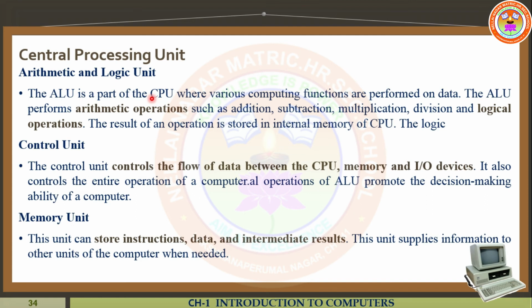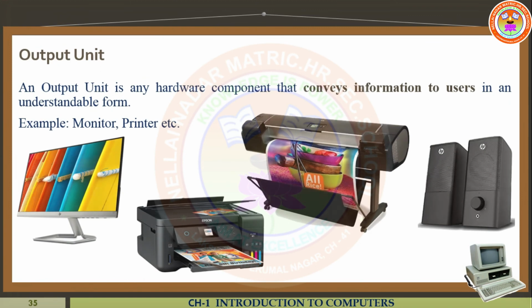Whenever the system needs, it should supply the information from one part to another part. That is the main purpose of this memory unit. So all these three components are very important for the central processing unit. The central processing unit holds three important components. Number 1, ALU. Number 2, control unit. Number 3, of course, memory unit. Right? Fine.